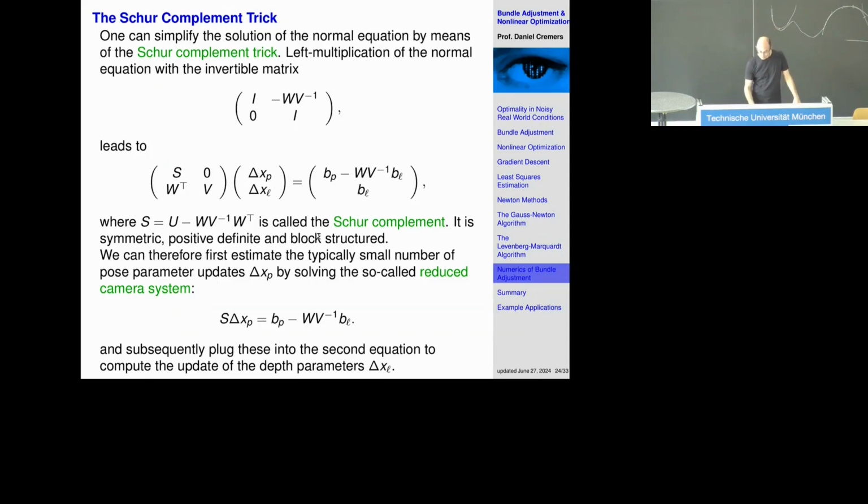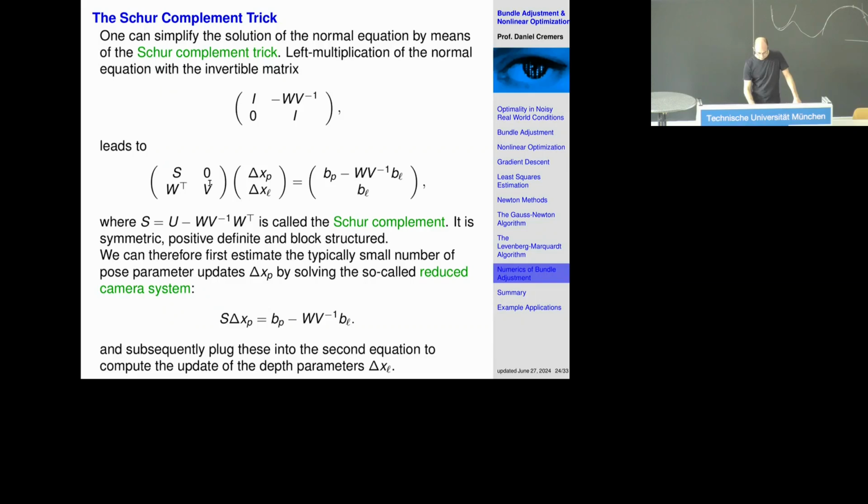And what's beautiful is that this is an equivalence transformation, so the solution in the updates is still the same as for the previous problem. So we can go ahead and first compute the update in the camera poses by the first equation here, and once we have delta xp, we can compute the corresponding delta xl from the second equation.